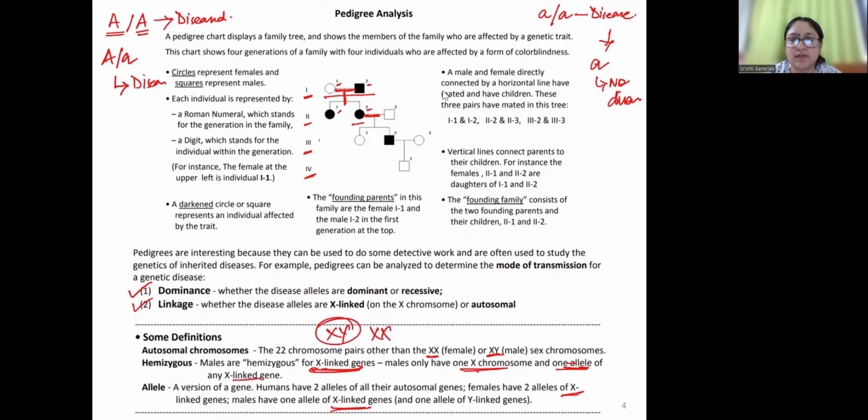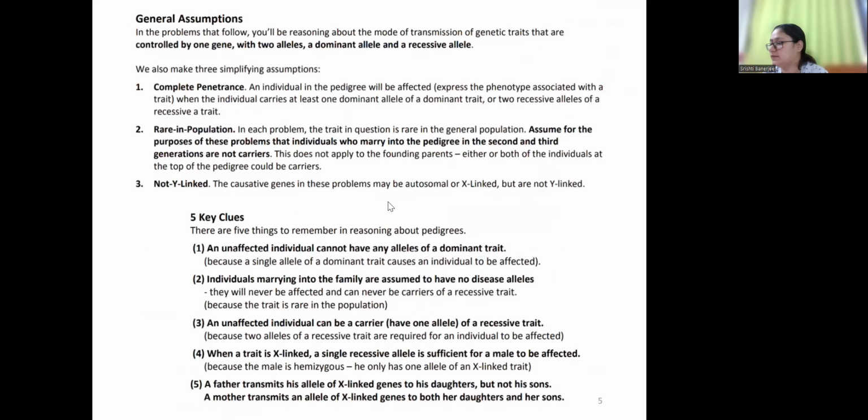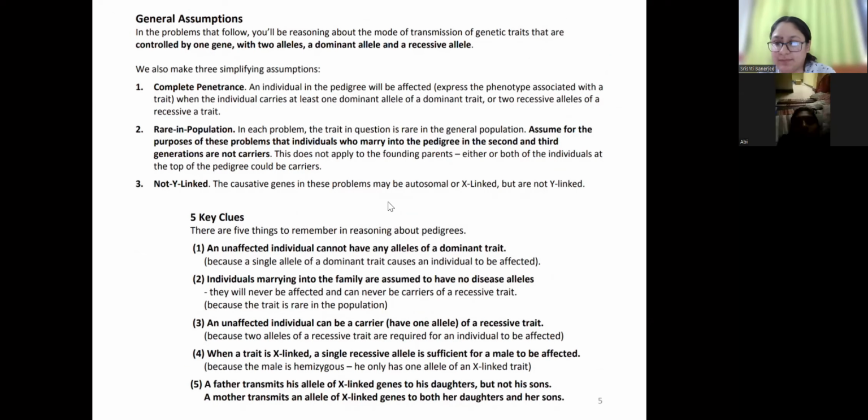Okay. Now, before solving a pedigree, there are some basic assumptions that we make. We have to look into whether it's autosomal or X-linked, and whether it's dominant or recessive. Apart from that, there are certain things we have to keep in mind.